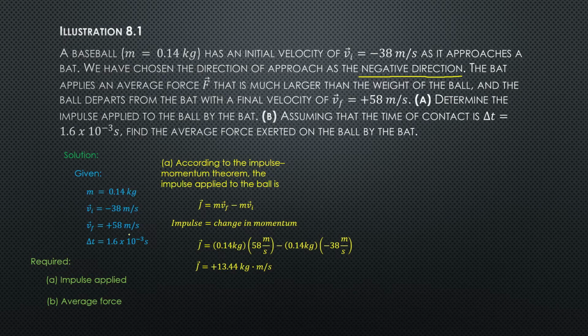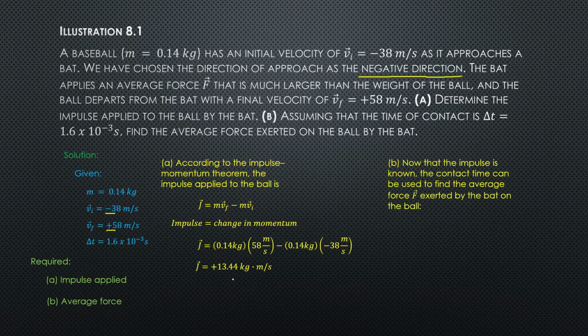Final velocity is given as positive, so it is positive. For initial, negative 38 meters per second, so include the sign. Computing this, the impulse applied to the ball by the bat is positive 13.44 kilogram meter per second.